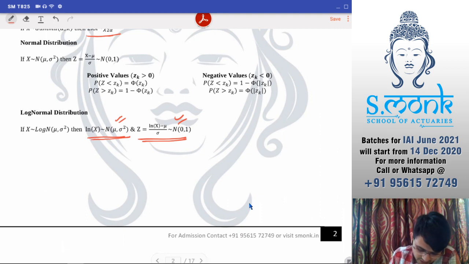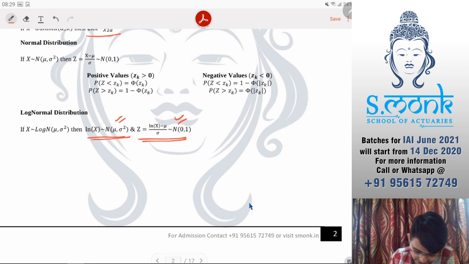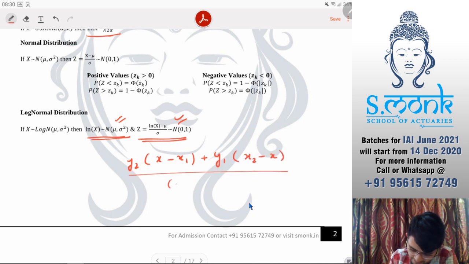So for interpolation you may have your own formula. I'll just write one, where it would be y2 times x minus x1, plus y1 times x2 minus x, upon x2 minus x1. This is the formula I always give to my students.